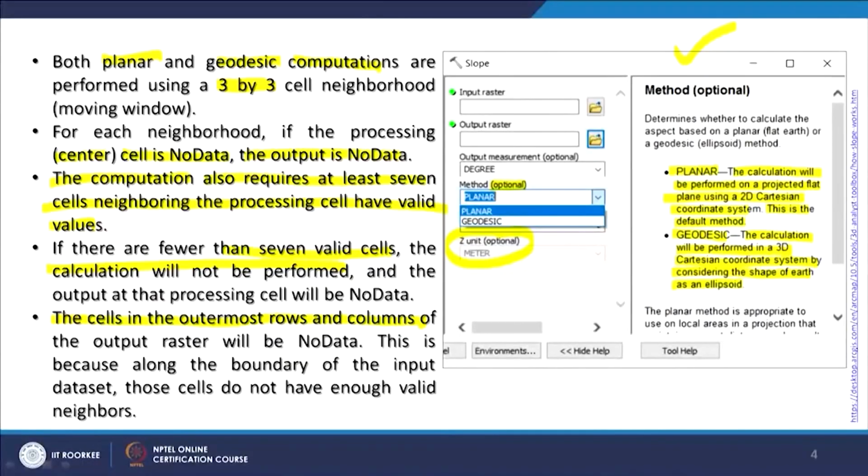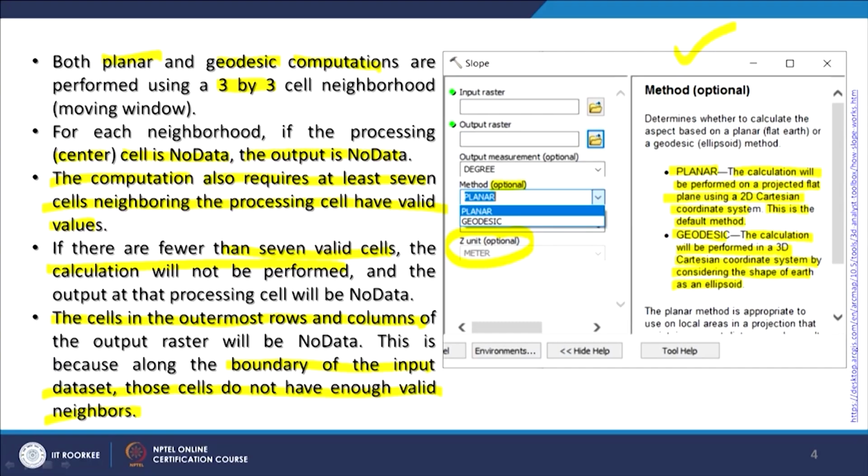So, the cells in the outermost rows and columns of the output will be no data, because in the surrounding you do not have data beyond the boundary of the input data set, so for those you do not have enough valid neighbors. You require at least 7.